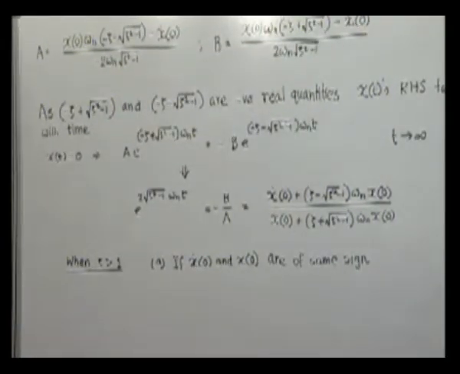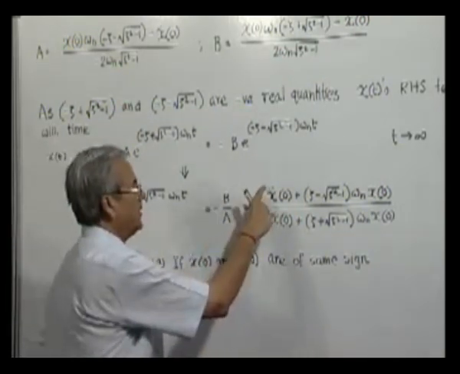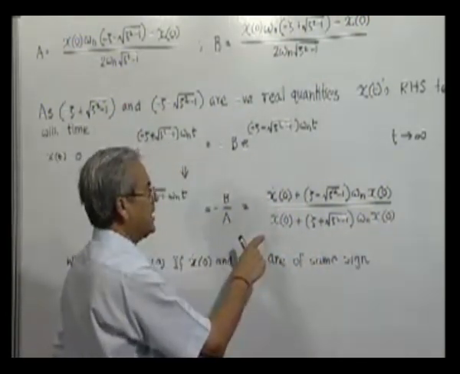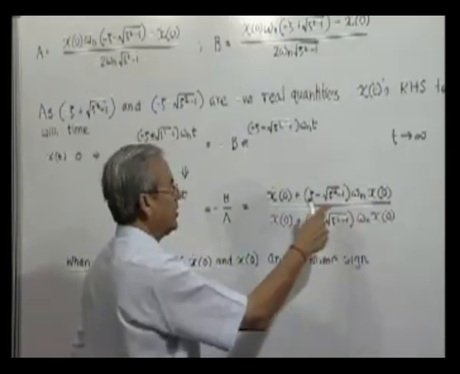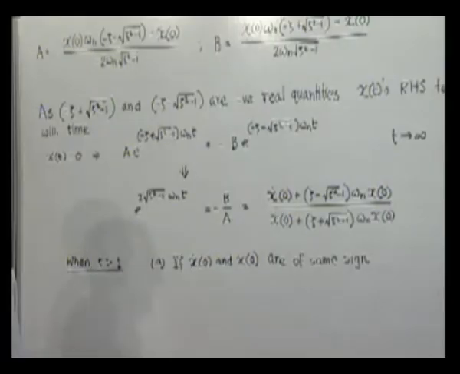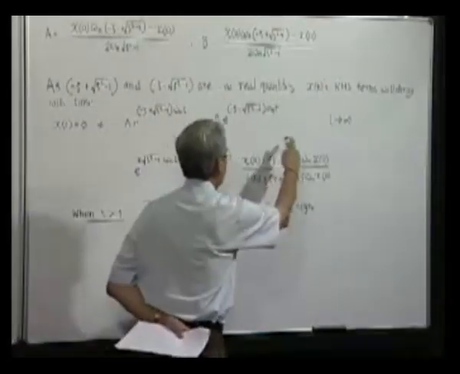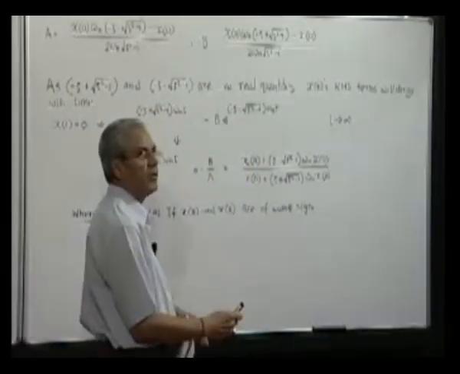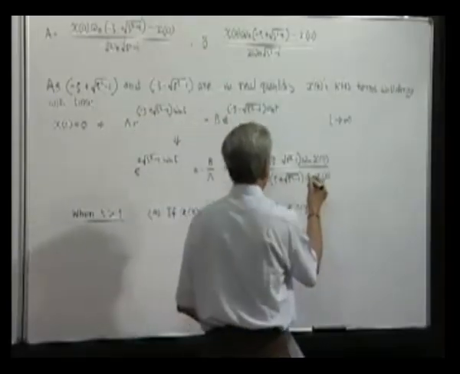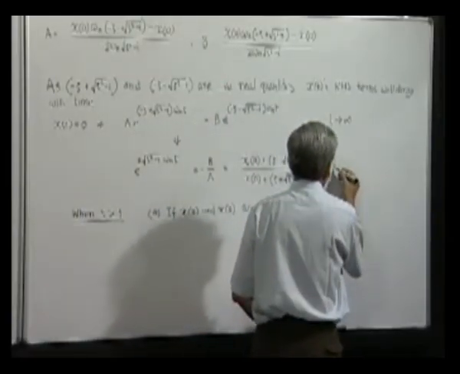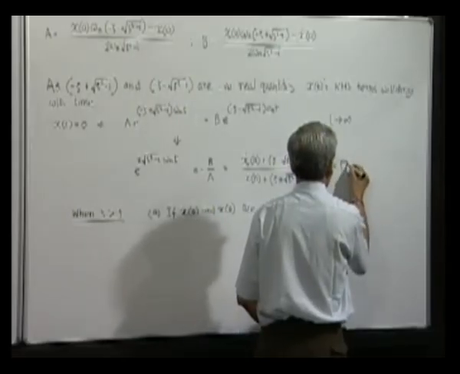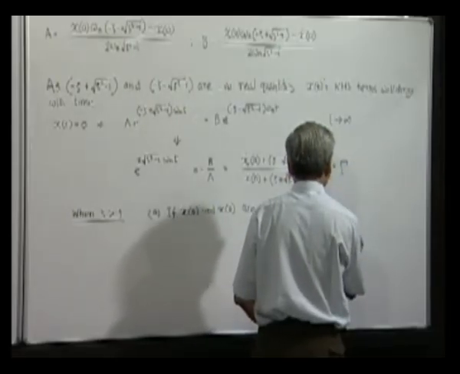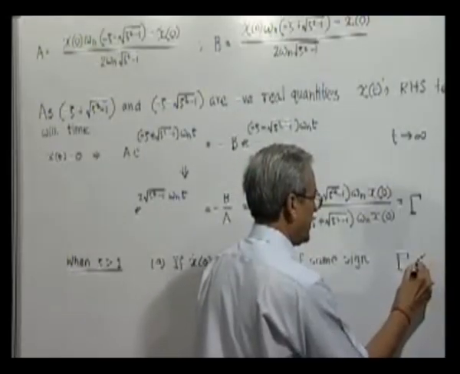If they are either both positive or both negative, then what happens? If they are both positive, then it is as such, and you can see that this quantity is definitely smaller than this quantity. So as a whole, the numerator is smaller than the denominator, and this whole quantity is less than 1. If we consider that this is equal to some quantity, say capital gamma, then capital gamma is less than 1.